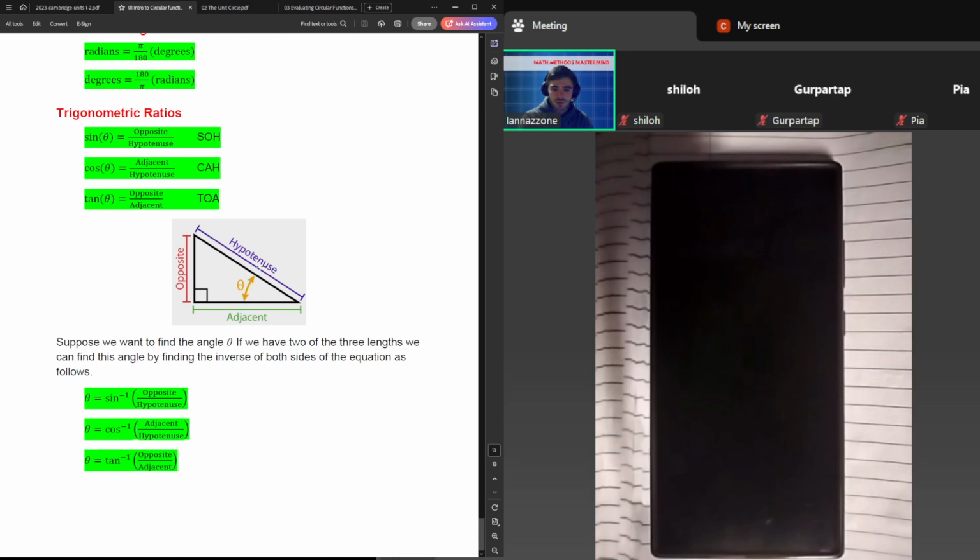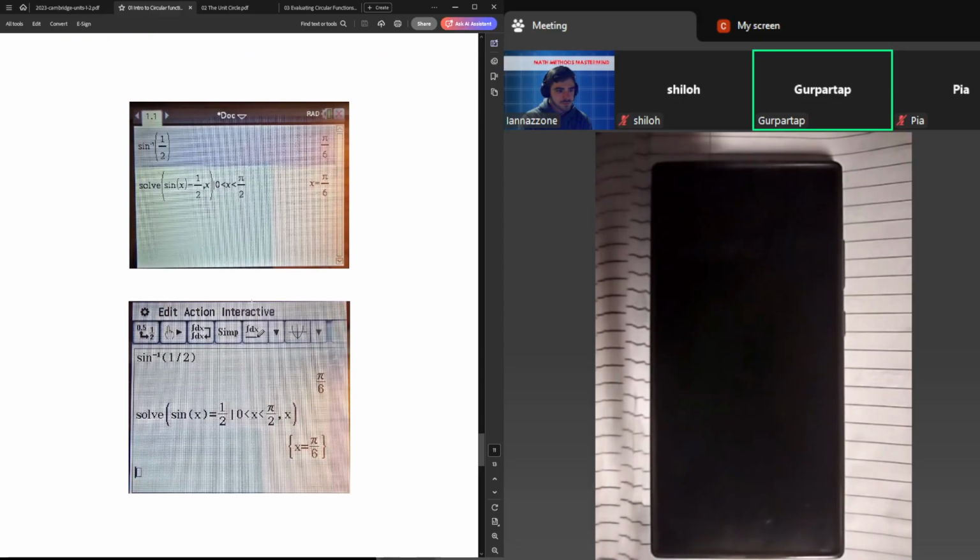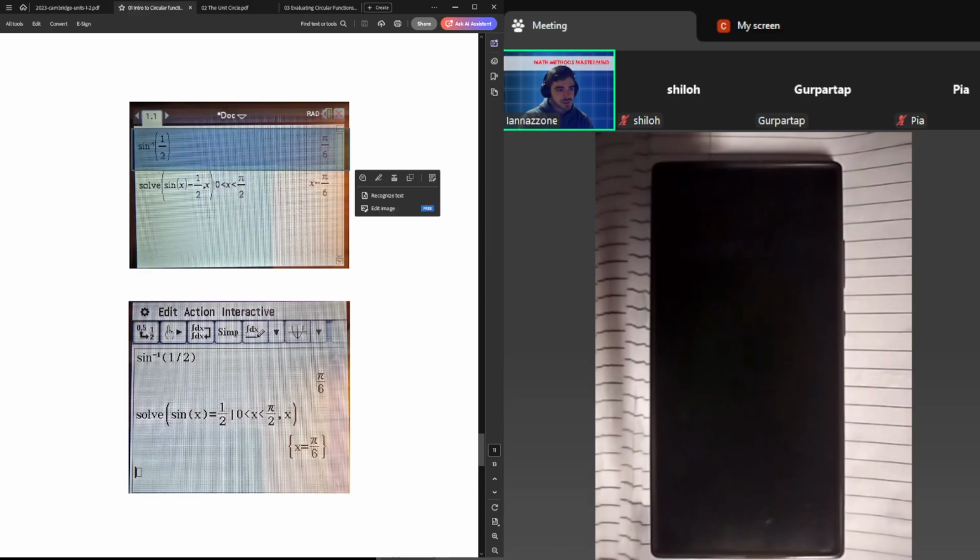You had a question? You know how you just showed us that CAST thing? Why is there a restriction on the solve function? Yep. That was just me trying to get the exact same answer that sine inverse would give. Whenever you do sine, cos, or tan inverse of a particular thing, it'll give the first angle, or the shallowest angle, that would give that particular exact value.